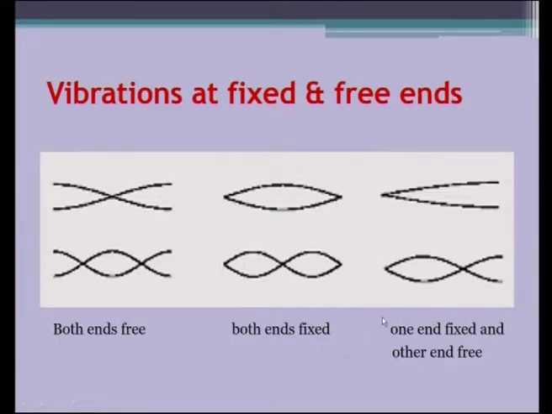When one end is a fixed end and the other end is a free end, at the fixed end the nodes are formed, at the free end antinodes are formed. We will have to keep this point in mind. At a fixed end we will always have nodes, at free ends we will always have antinodes.